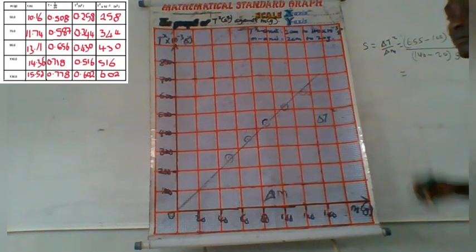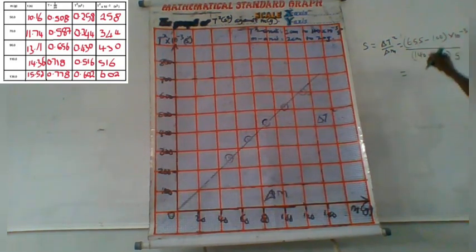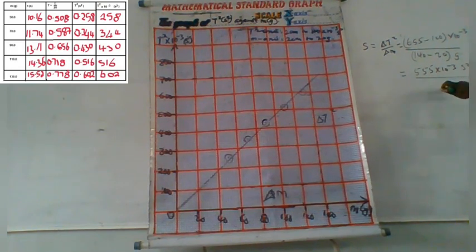When I subtract this, I'm going to have 555 times 10 raised to the power minus 3 second squared, divided by 140 minus 20, that will give us 120 grams.